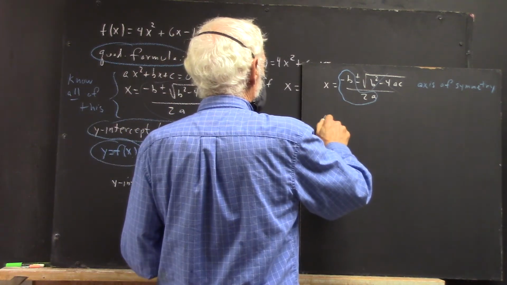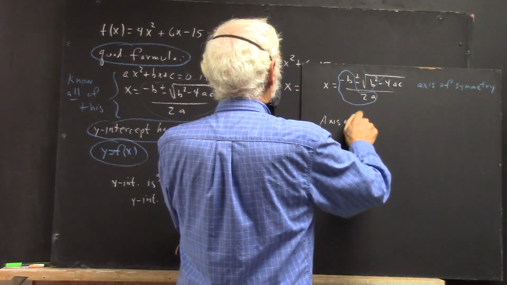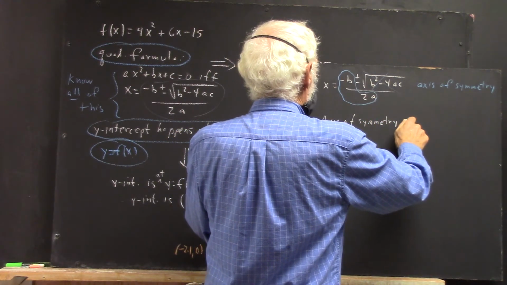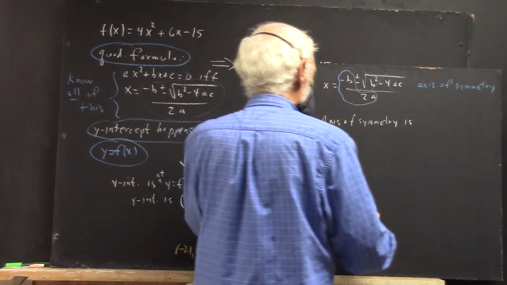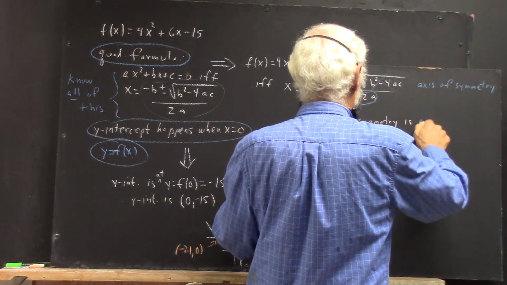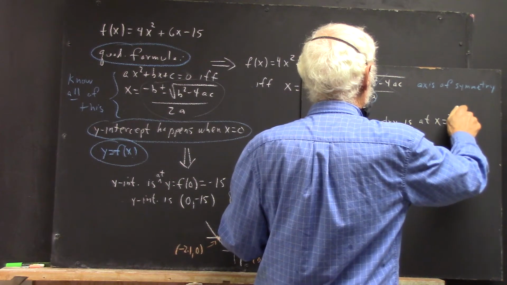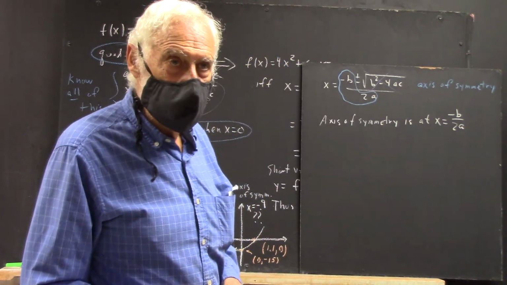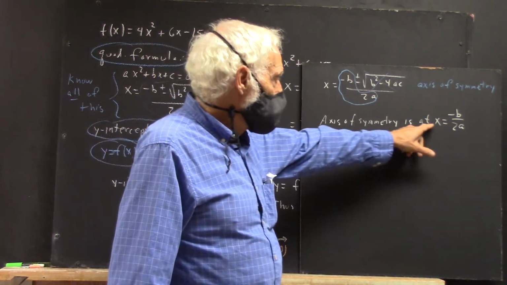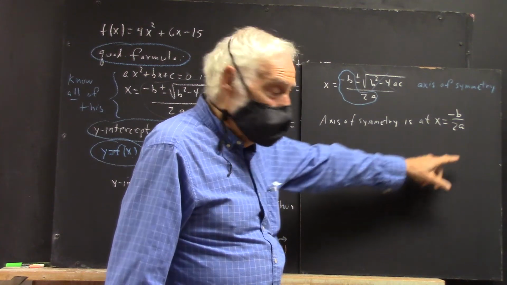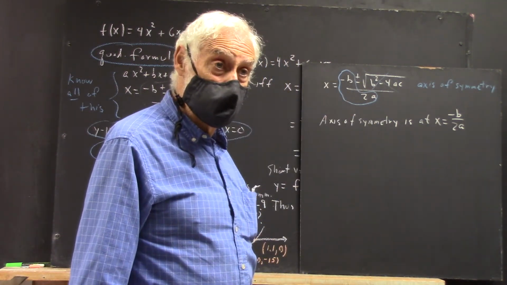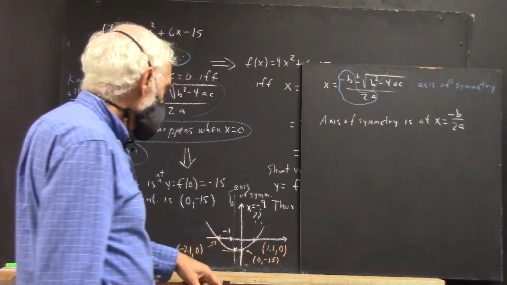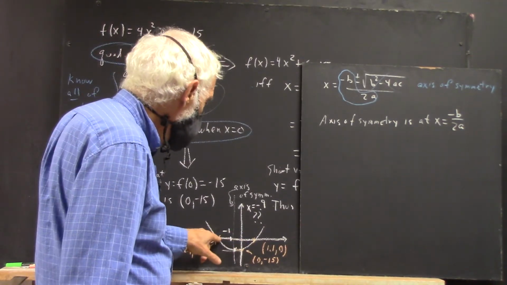So the axis of symmetry is x equals negative b over 2a. This is not an extra formula to memorize. It comes right out of the quadratic formula, because if you have symmetry, the axis of symmetry has to be halfway between your zeros.